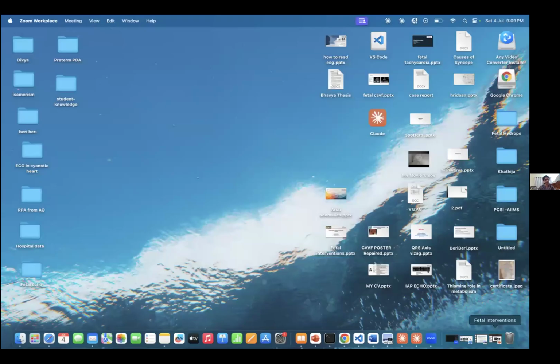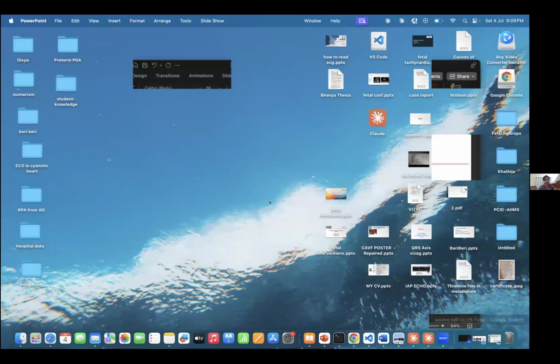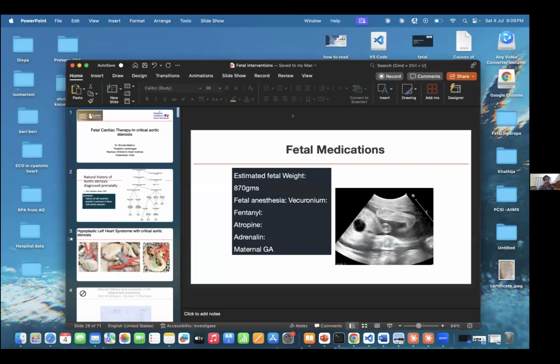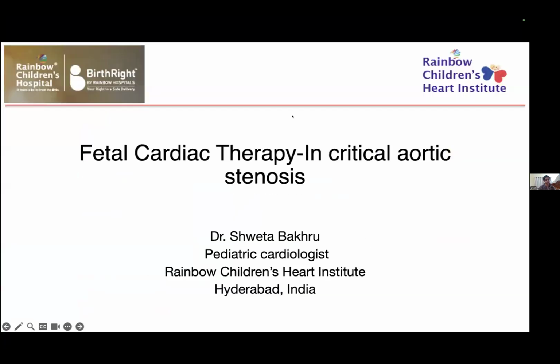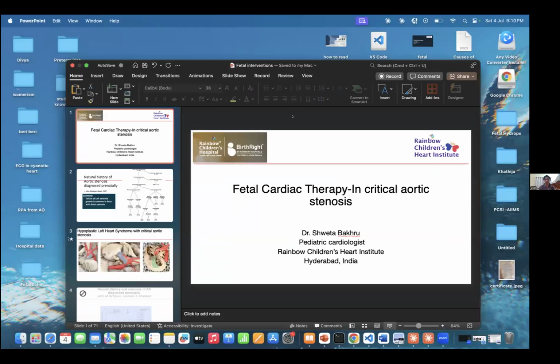So, to summarize your points for people who are listening, if you come across aortic stenosis in the mid trimester, whatever the findings, there's a criteria, which probably the next speaker is going to tell, the scoring system, whether it is suitable for aortic valve dilatation or whether it is impending HLHS, which is going to progress to HLHS.